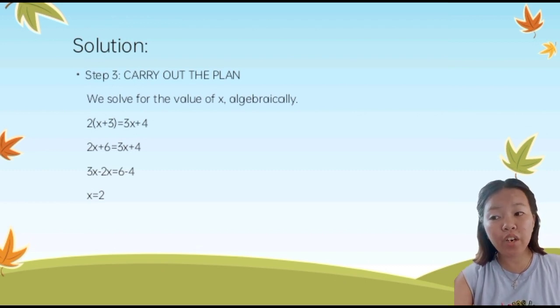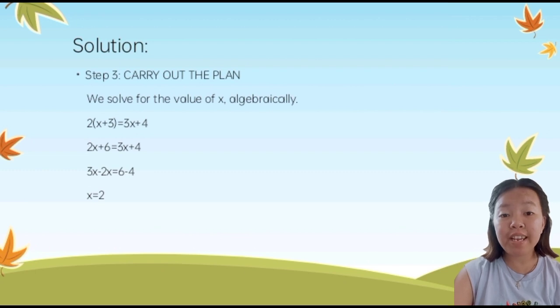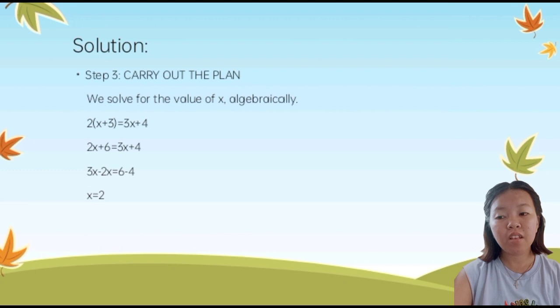We solve for the value of x algebraically. 2 times (x plus 3) equals 3x plus 4. So, 2 times x equals 2x, plus 2 times 3 equals 6, equals, copy 3x plus 4.